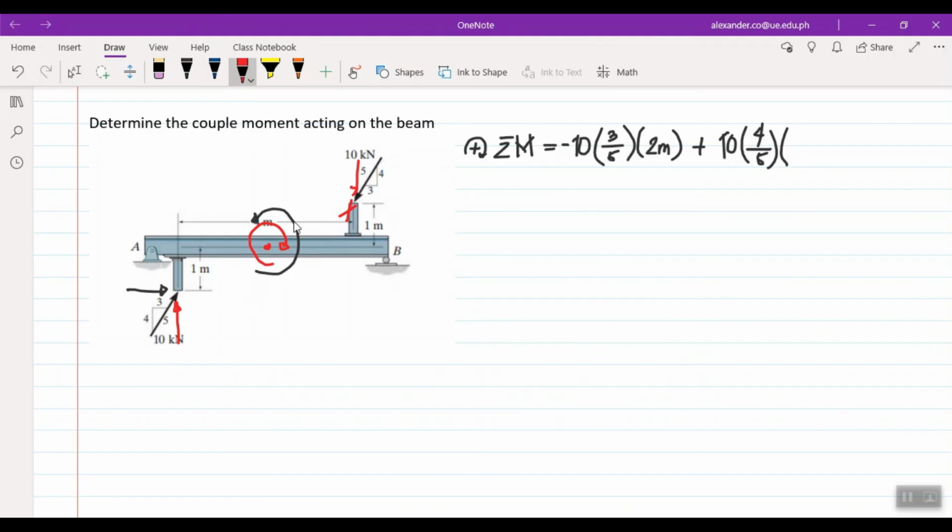It's quite obvious that it's 4, so 4 meters. Computing, one moment. The answer is positive 20. The unit is kilonewton-meter, and since it's positive, this is clockwise rotation. So that's it for problem number 2.